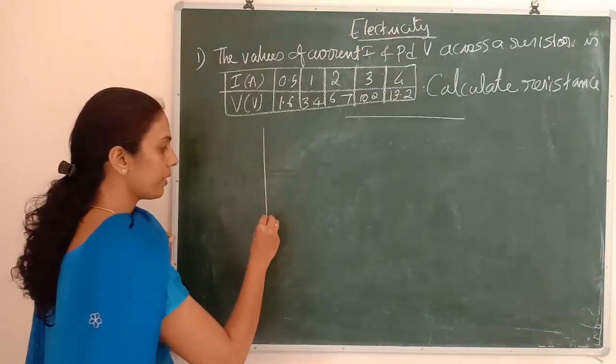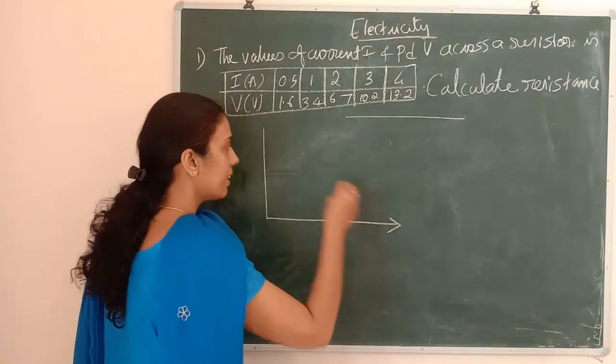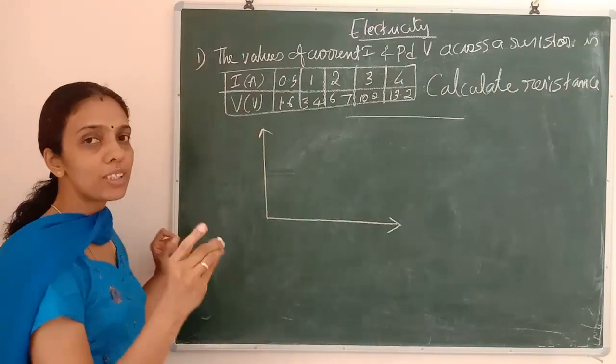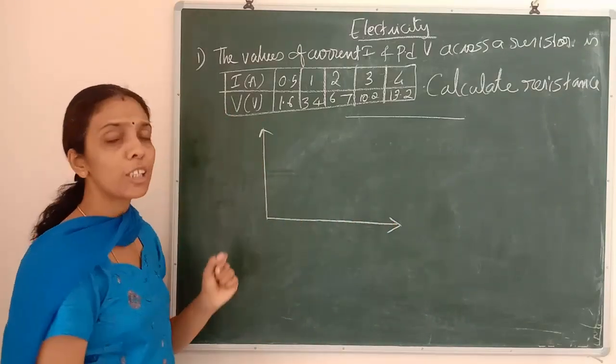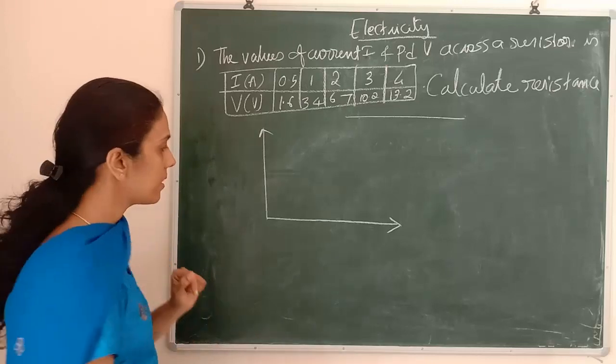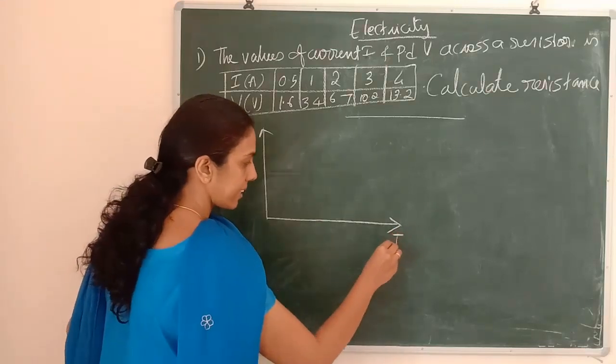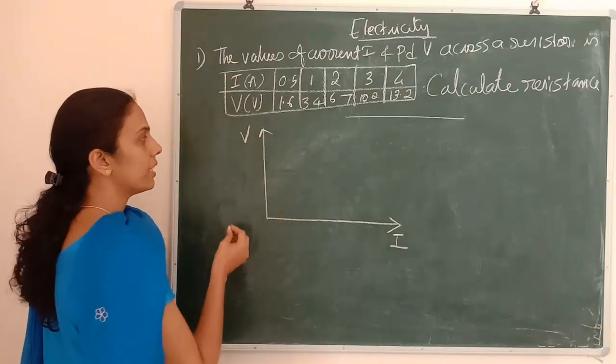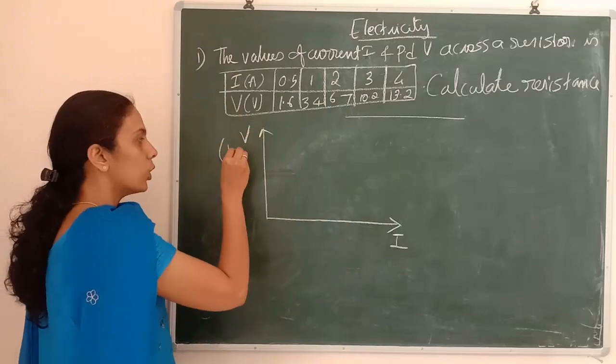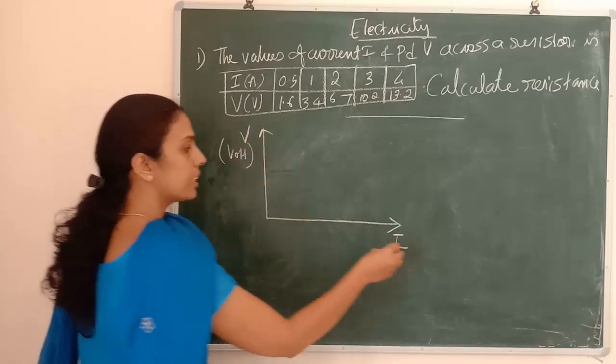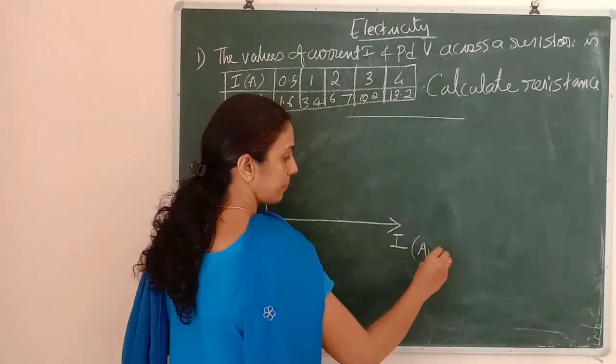I and V, this will be stating which law? Ohm's law, isn't it? So I is here on the x-axis and V will be on the y-axis. We should write down the unit: volt here, and here it is ampere.